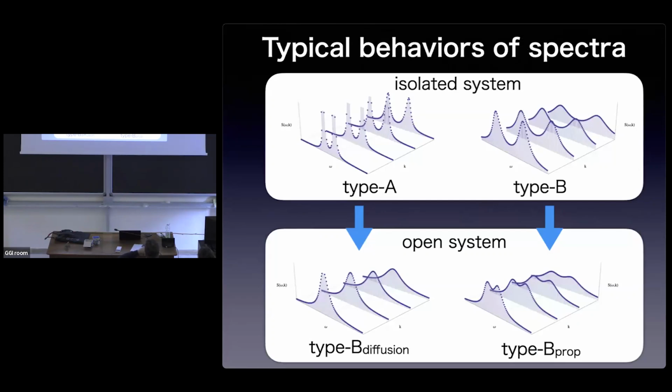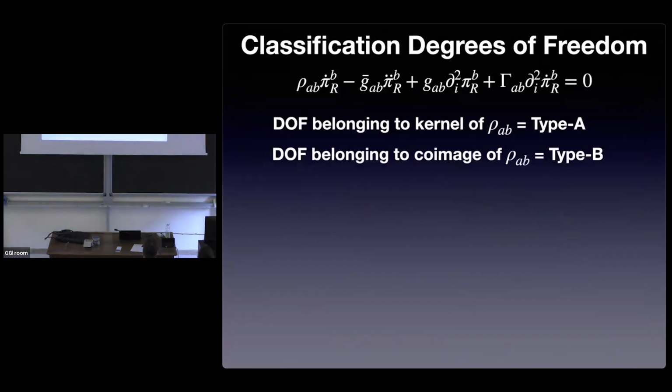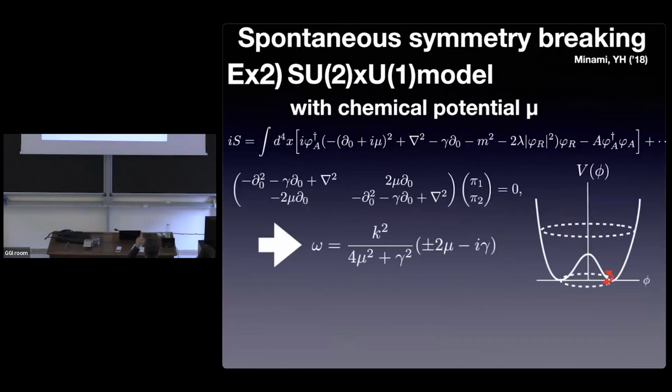You mean the upper one, or a Schrödinger-like equation? Okay, so for example, this is a model where the type B mode appears. This is just the SU(2) cross U(1) model with chemical potential. The chemical potential appears here.